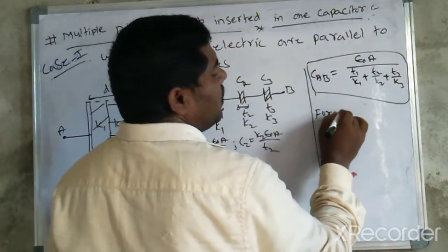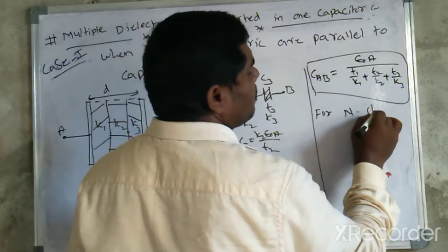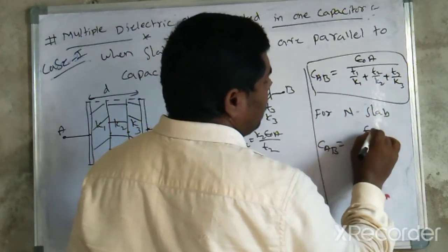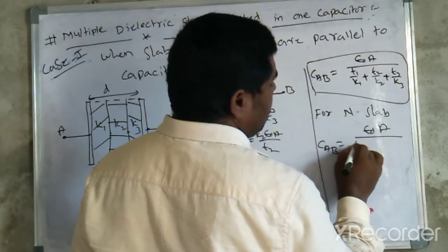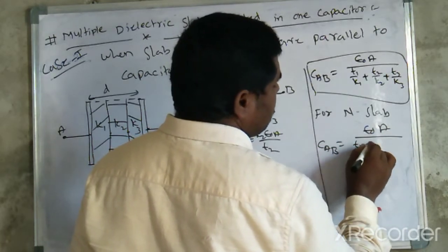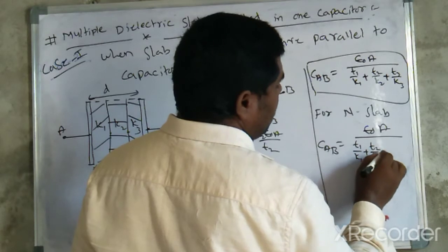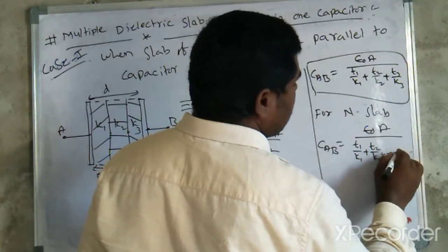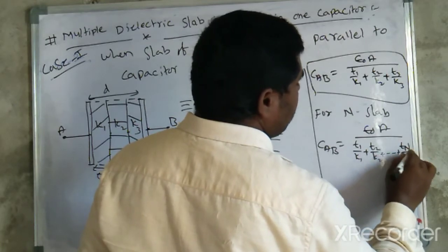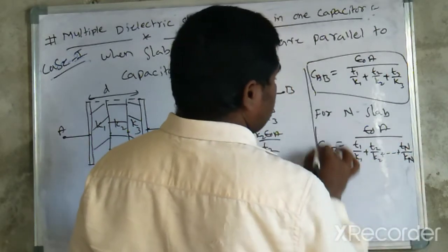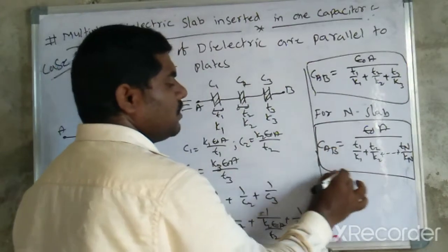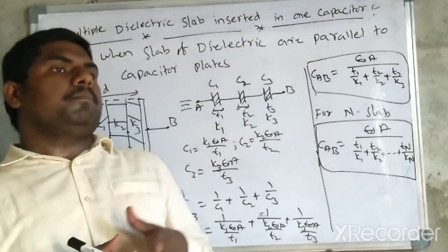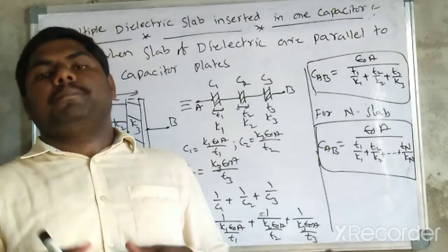For n slabs, CAB is equal to epsilon naught A divided by T1 by K1 plus T2 by K2 and so on, plus Tn by Kn. This is for n slabs in between two parallel plates.